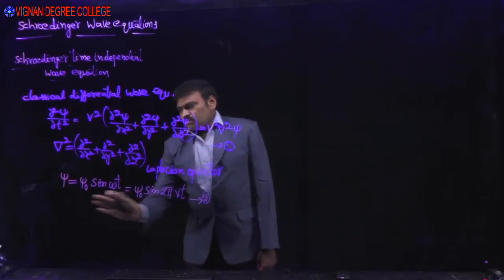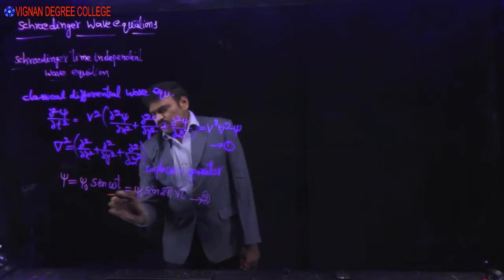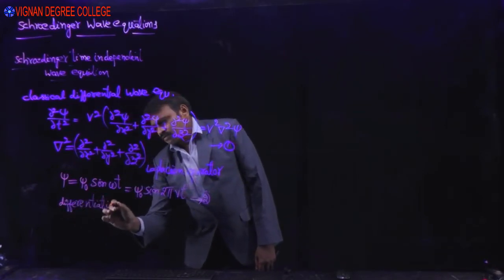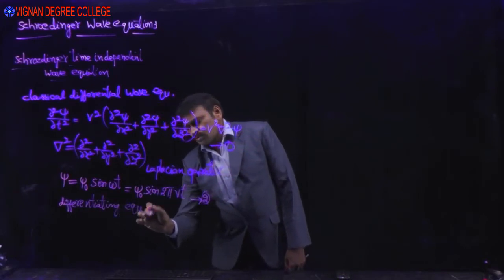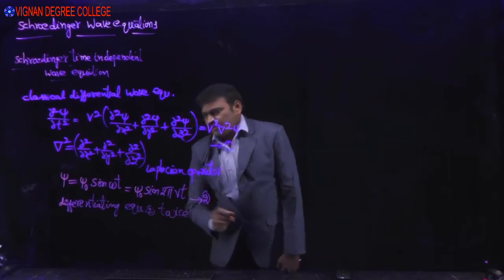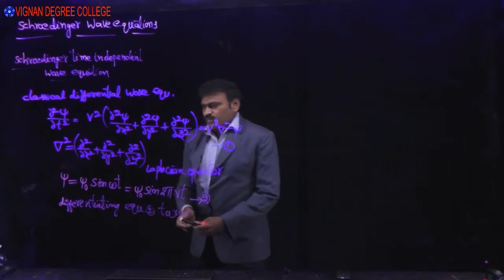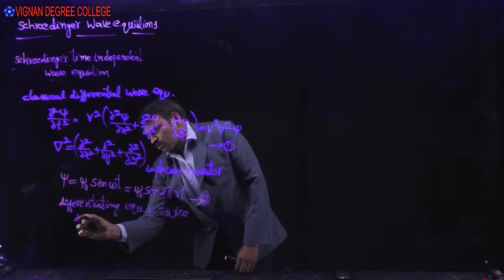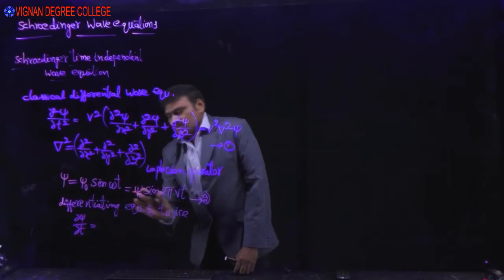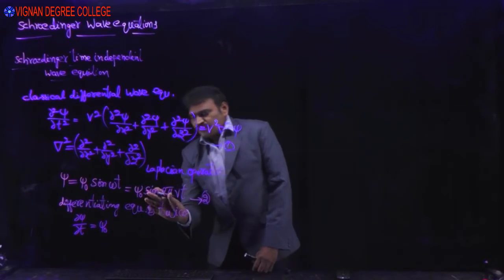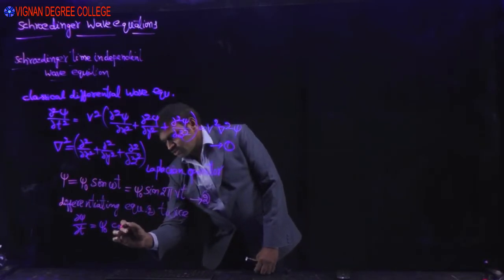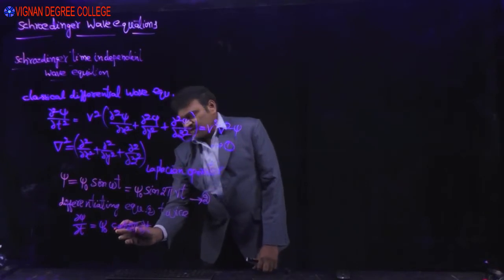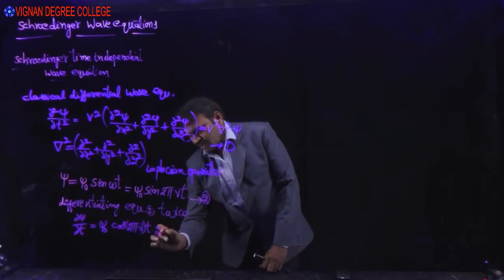Now we differentiate equation 2 twice. If we differentiate equation 2 one time with respect to time, dou psi by dou t is equal to psi naught, the differentiation of sine is cos, so cos 2 pi nu t, and again 2 pi nu.